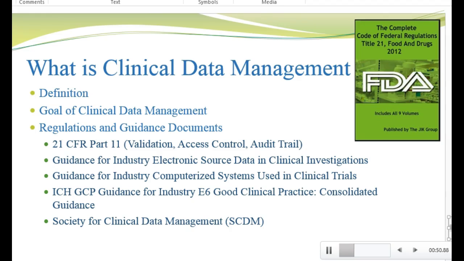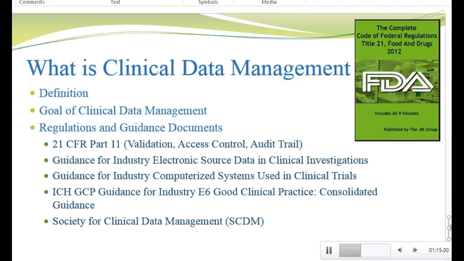Regulations govern what we do. All data management activities have to comply with the general standards of good clinical practice. But in addition, there are a few regulations and guidance documents that specifically address clinical data management activities. One that you're going to hear very frequently is 21 CFR Part 11, and CFR stands for the Code of Federal Regulations.